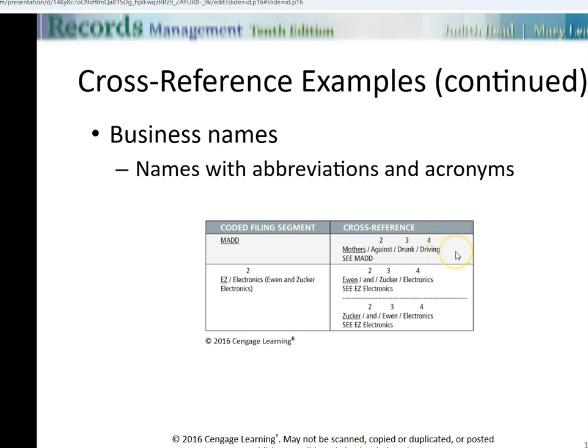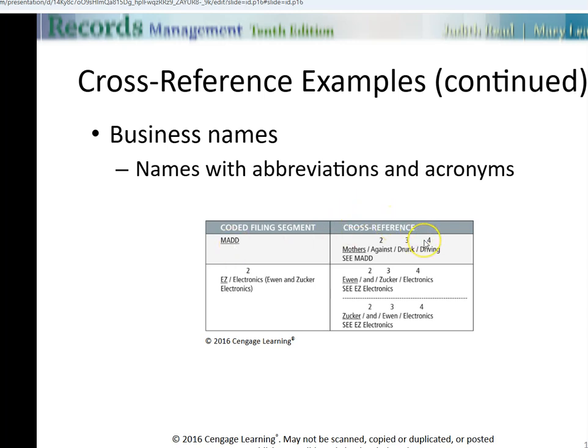To make sure that the record can be found either way, we file the record under the official name, Mothers Against Drunk Driving. Then we would also create a cross-reference that says C and then the original filing segment, which is MADD. This helps anyone who searches by acronym still find the correct record quickly.